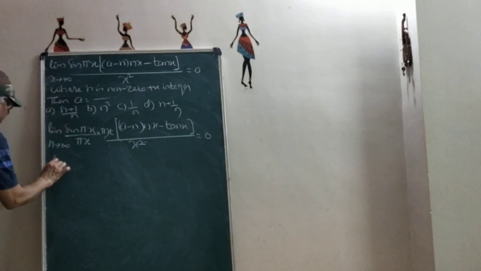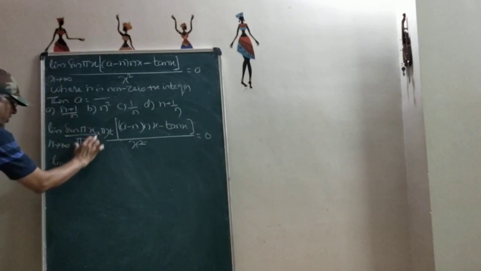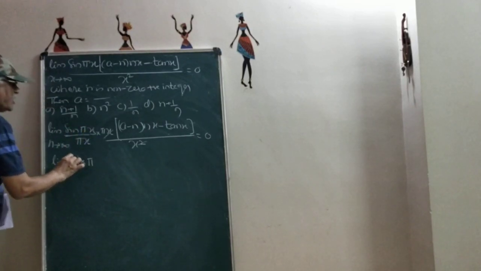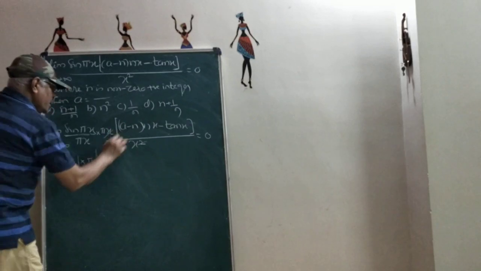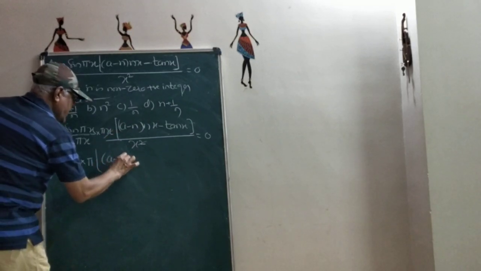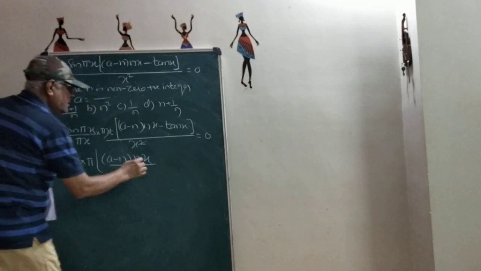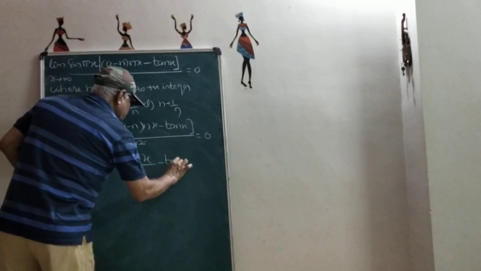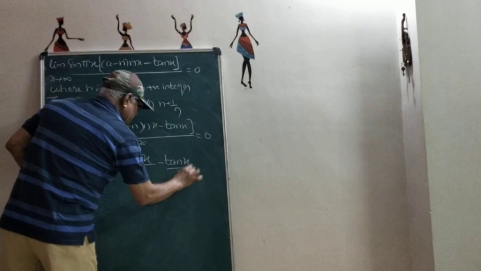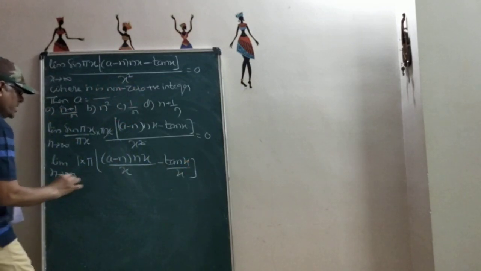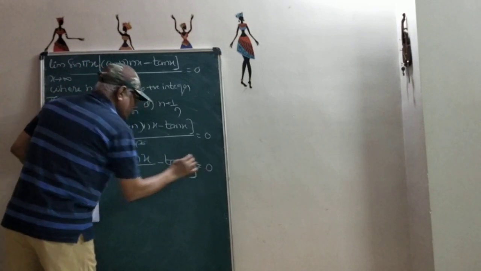So that is limit of. Now what is the value of this expression? It is 1 into pi. Next into the bracket a minus n into x divided by x, minus tan x upon x, as x tends to infinity. This limit must be equal to 0.